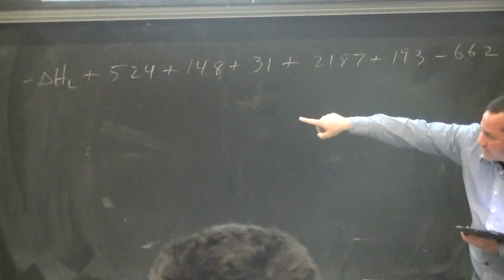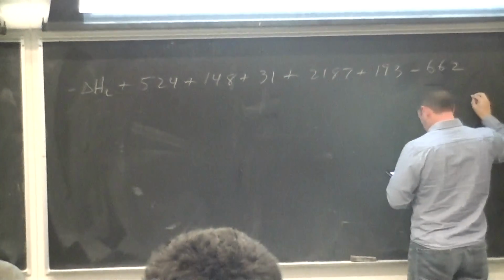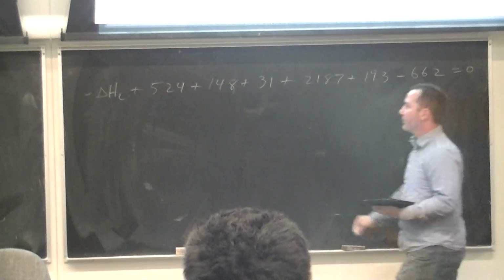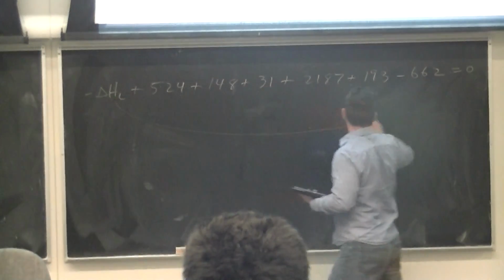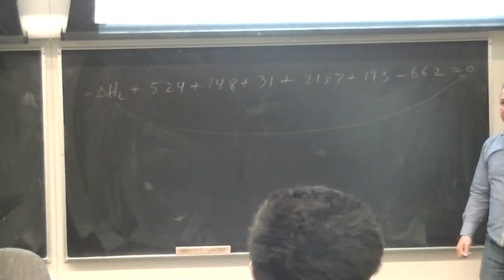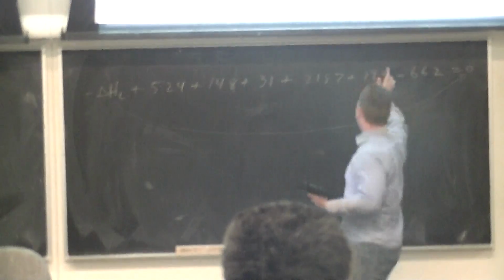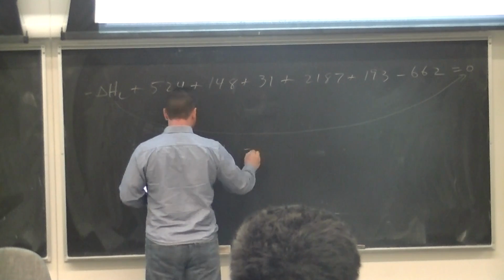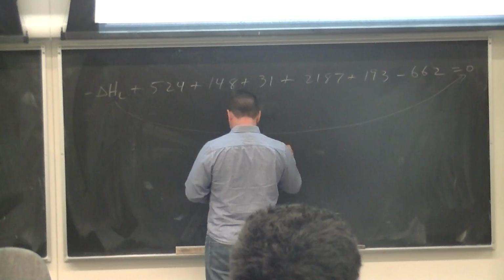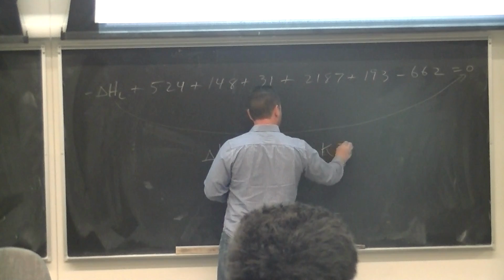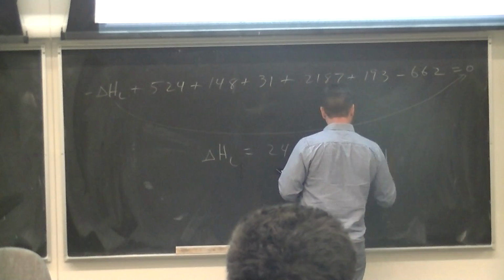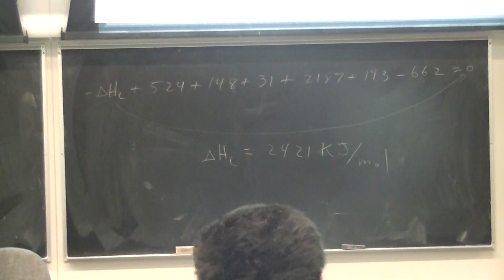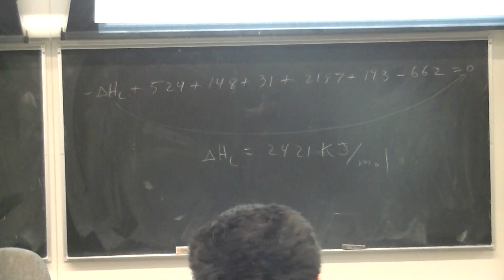Which is 331 times 2 is equal to 0. You can pass this to the other side of the equation, positive sign, sum all these, and basically... Sorry, the 2187, what does that represent?